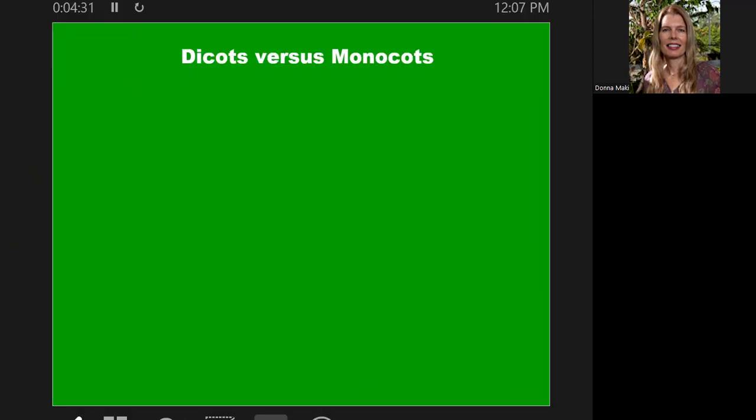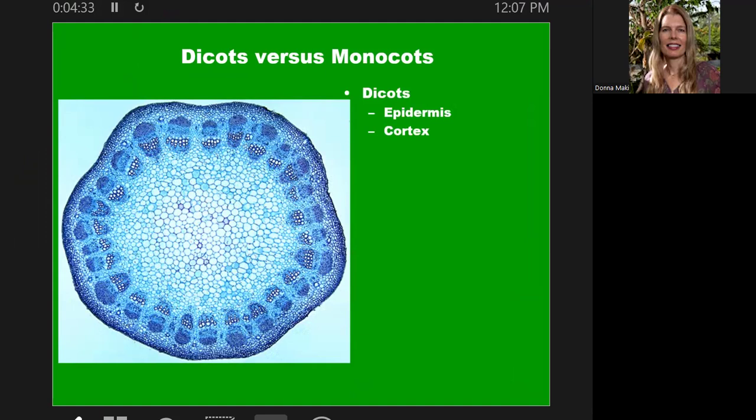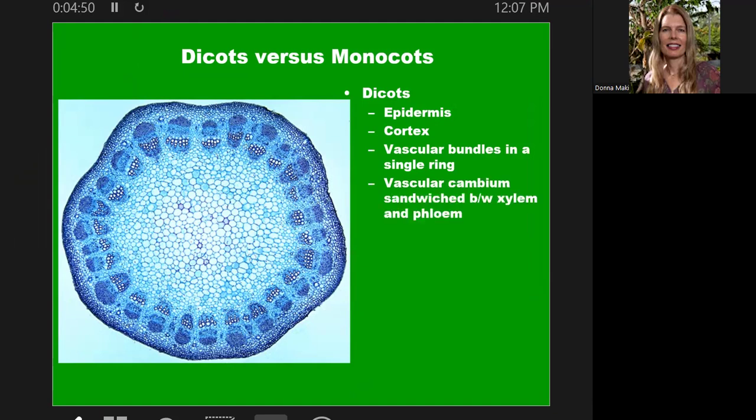So with the dicot, if you work your way from the very outside of the stem in, what you see is the epidermis, and then the cortex region is pretty much parenchyma cells, and then you see the vascular bundles in that single ring.